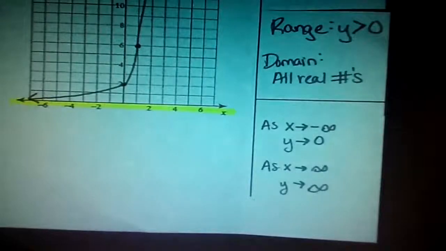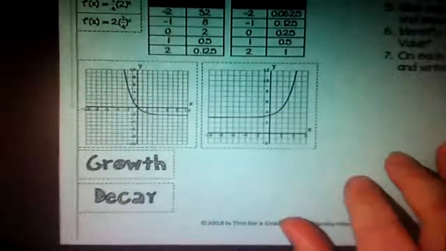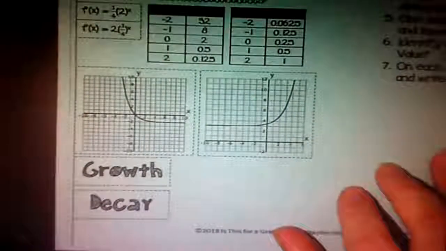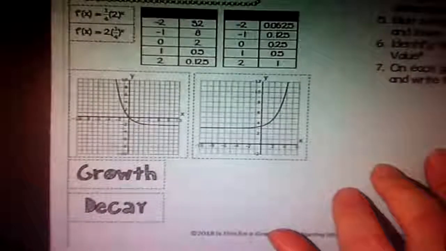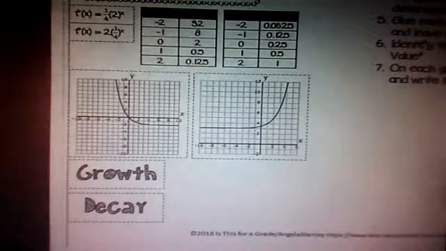Okay, so your homework tonight. I'm going to pass this out. The instructions are on there. Listen, it tells you right over here what you're doing.